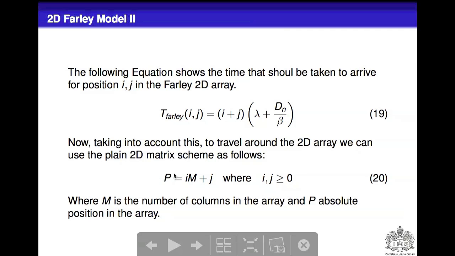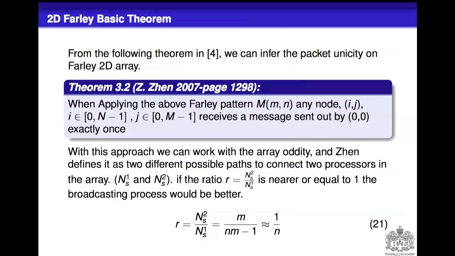And if you have to obtain the absolute position in the matrix, you should have the i multiplied by the number of columns plus j, that is the number of values in the number of rows in this case. Okay, this is the absolute position in the array, to analyze it to the Farey.